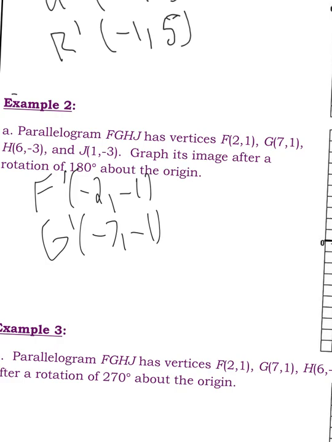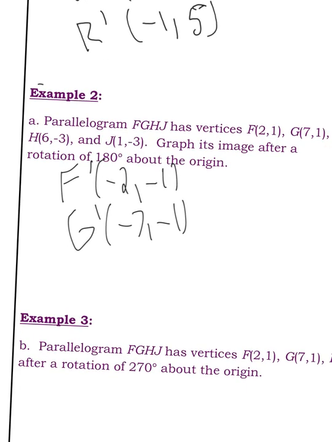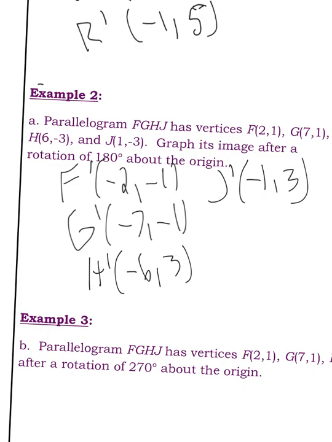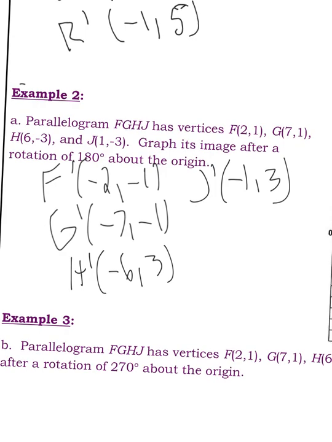H prime, negative 6, positive 3. And J prime, negative 1, positive 3. Okay, so I just need to graph those to the right.